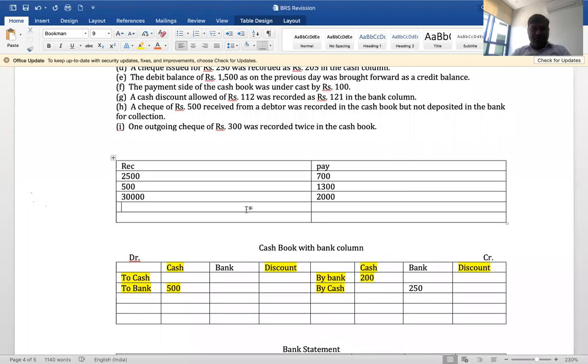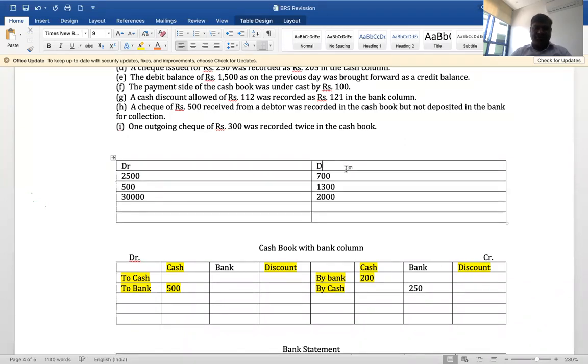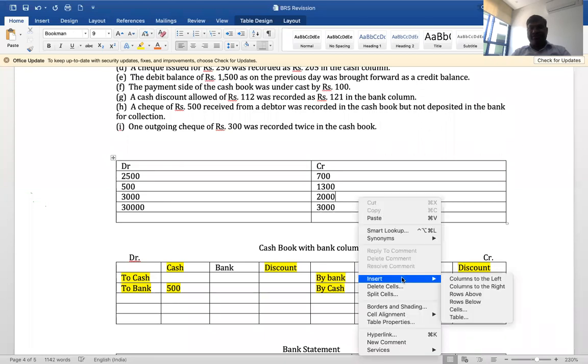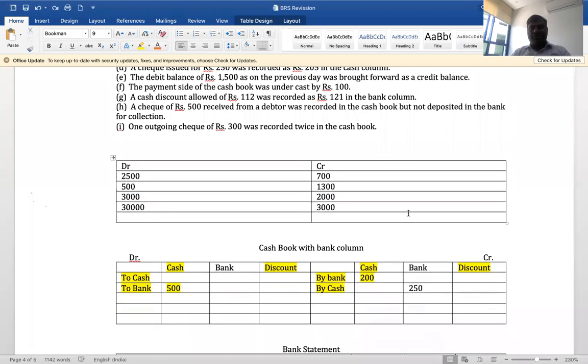Now, when you tally the account, let's say this is the debit side and this is the credit side, boys and girls. 3000 is the highest, so you write 3000 here, and on this side also you write 3000. What is the balancing figure?